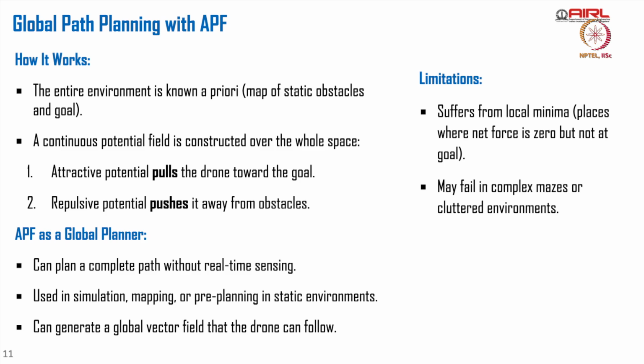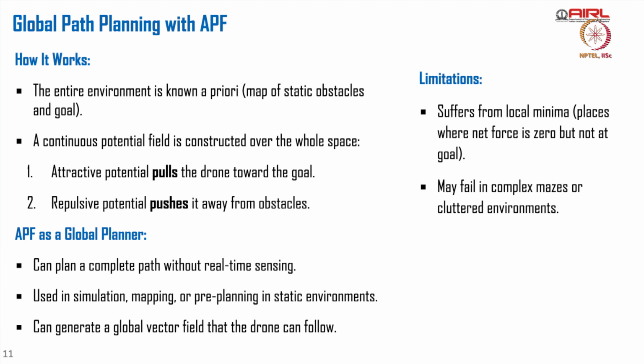Now look at global path planning with artificial potential field. How can we use APF in global path planning, right? The entire environment is known a priori. What does it mean? I know the map. I know the static obstacles and I know the goal.